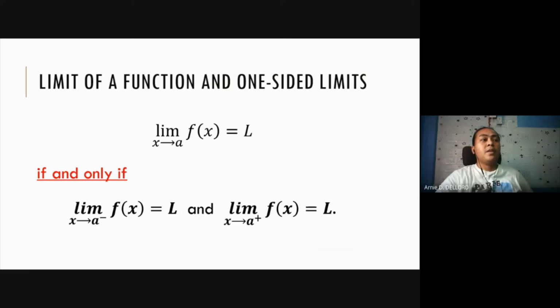In this case, the limit of f of x as x approaches a from the left is equal to L. Same goes with the limit of f of x as x approaches a from the right, which is equal to L. Since L is equal on the left-hand side and the right-hand side, it means the limit of the function exists.